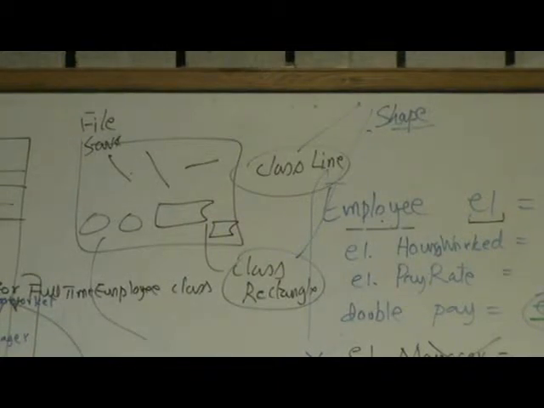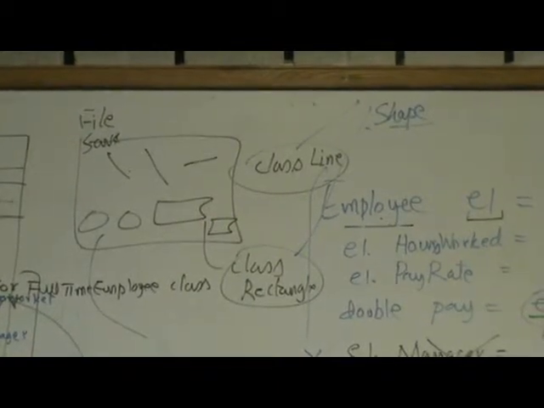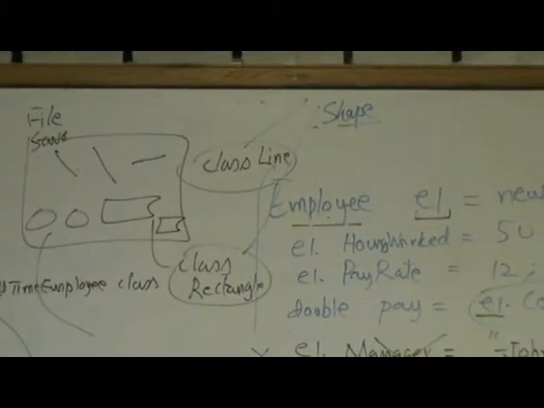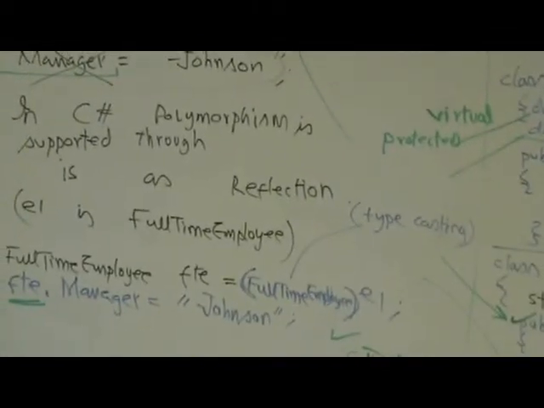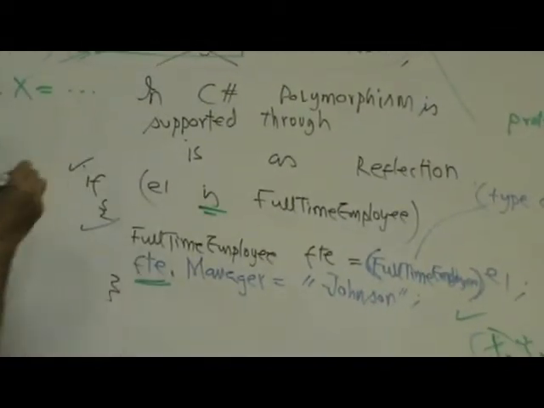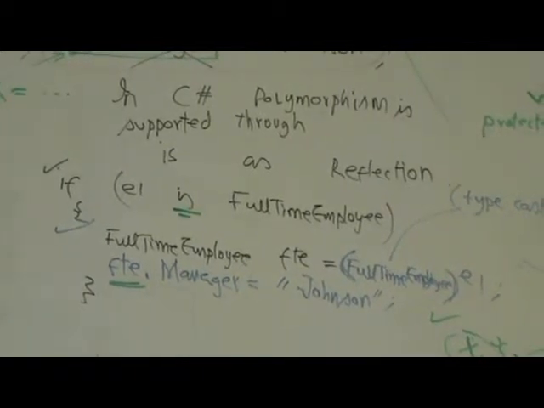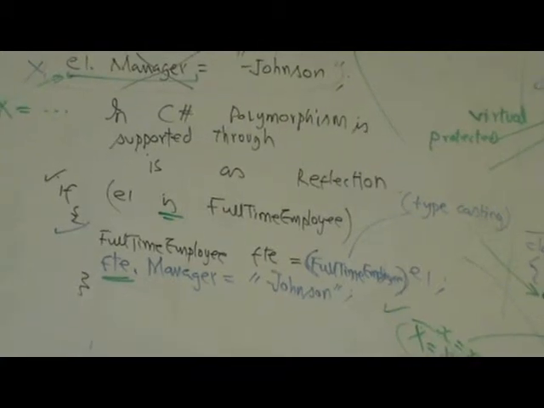And can we selectively call methods from the base class or the derived class? Anytime you are trying to call it through the base class reference, you have to use either the is operator or the as operator or reflection. Otherwise, you won't be able to call them.